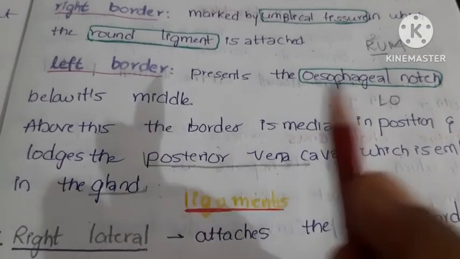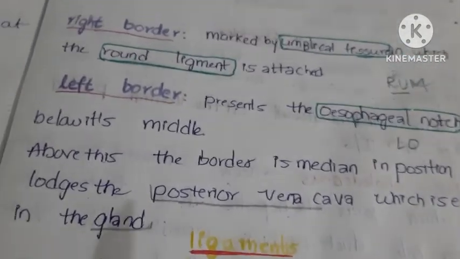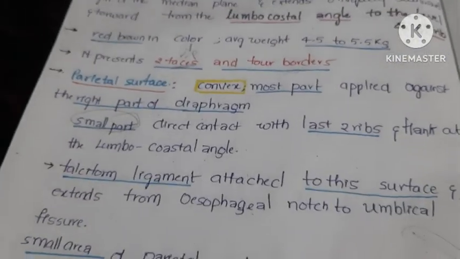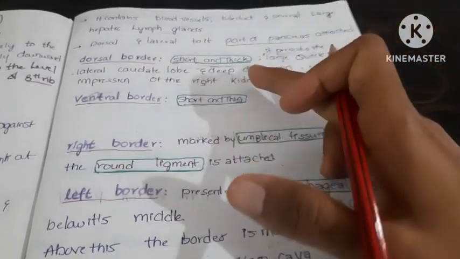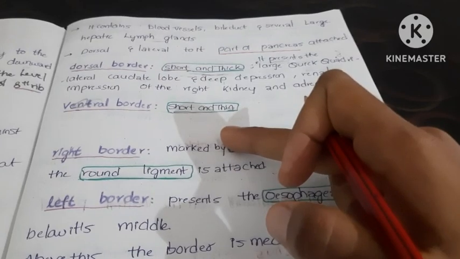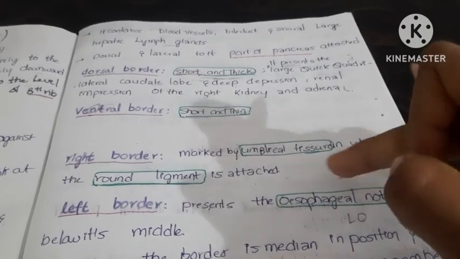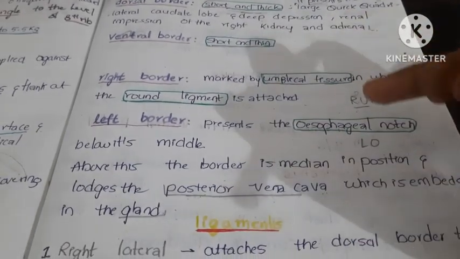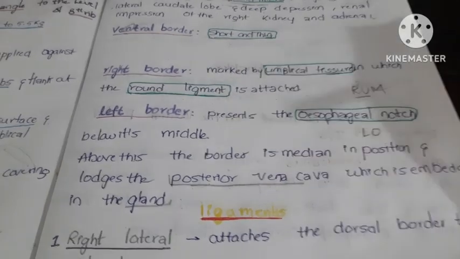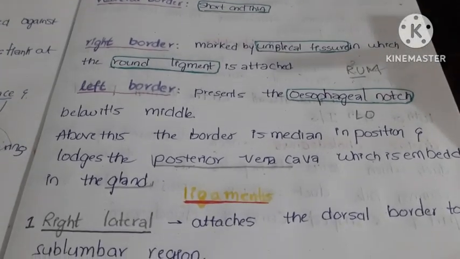So we discussed the two surfaces, parietal and visceral, and the four borders: the dorsal border is short and thick, the ventral border is short and thin, the right border is marked by the umbilical fissure, and the left border has the esophageal notch. Above the left border, the posterior vena cava is present in the median position, embedded in the gland.